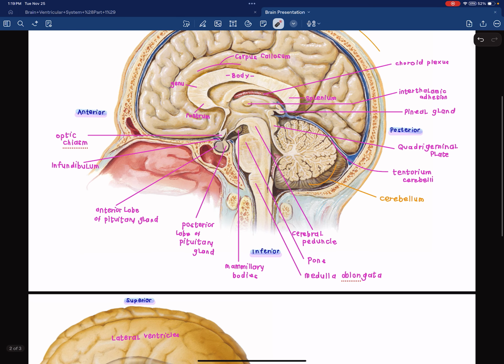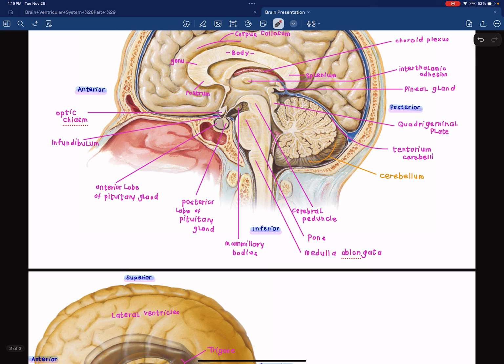The cerebellum here is posterior and inferior to the cerebrum here. And then now we've got the pons and medulla. So here's the pons. It's a part of the brainstem, and it's anterior to the fourth ventricle, just here, and superior to the medulla, just here.